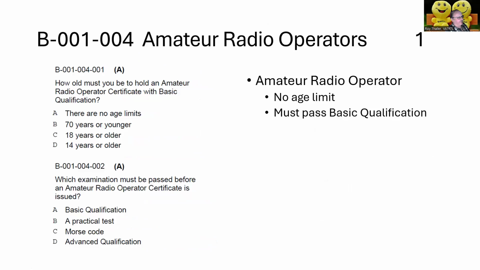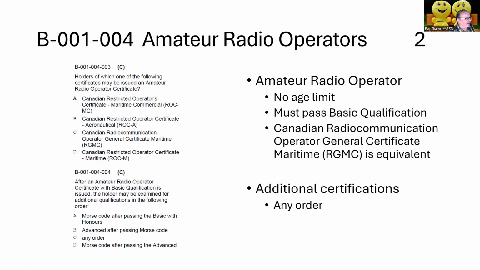So section 4 has to do with amateur radio operators. They ask questions, who can be an amateur radio operator? There's no age limit, and you must pass the basic qualification exam to hold an amateur radio certificate. The next question is, which one of these certificates issued may be issued an amateur radio certificate?